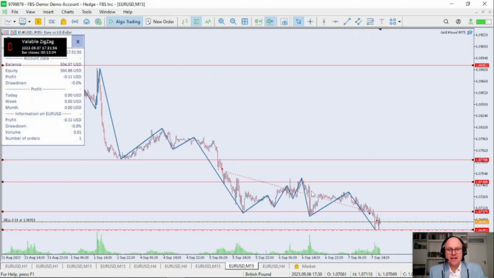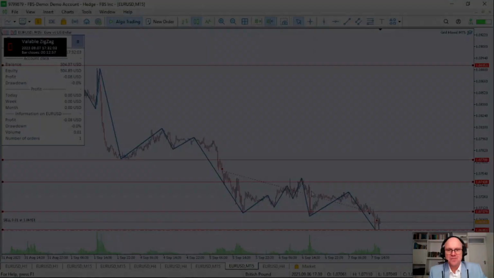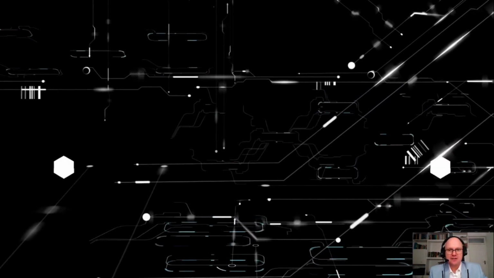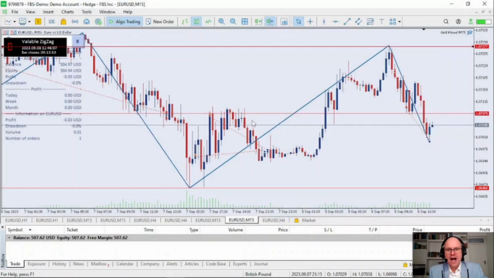So these different levels that have been identified provide us with a great entry and exit opportunity. On top of this, using the Valuable ZigZag on the 4-hour time frame makes it much easier to determine what direction the overall market is trading in.